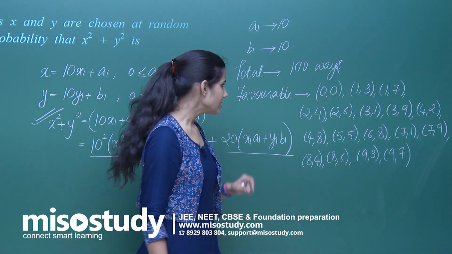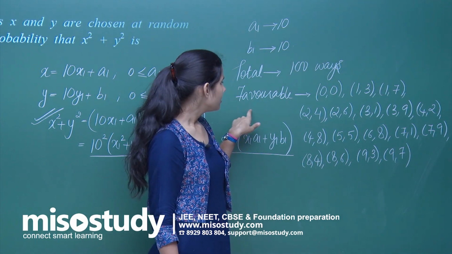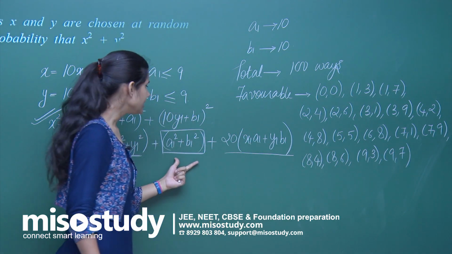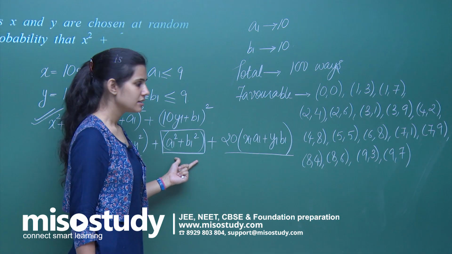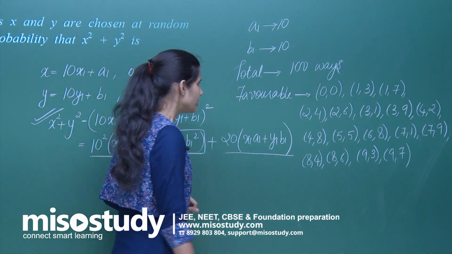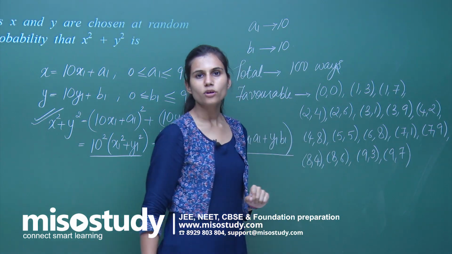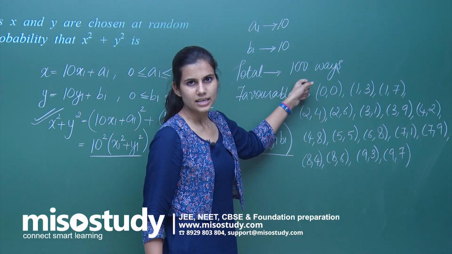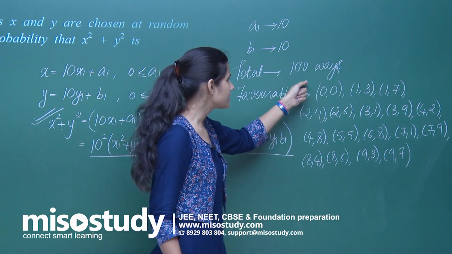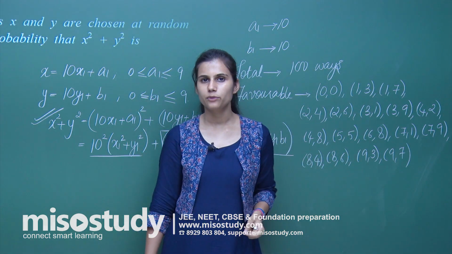These are all the ways in which you can write a1 square plus b1 square being divisible by 10. Clear? So therefore your probability becomes the total number of favorable events upon the total number of elementary events, and that is going to give you the answer. So quickly note this down, understand this concept, and we are going to go ahead with the next question.